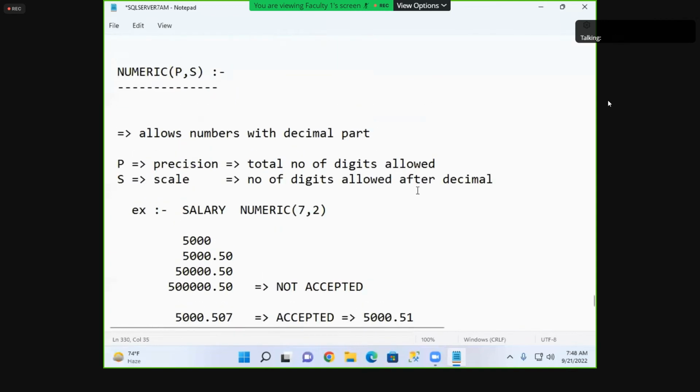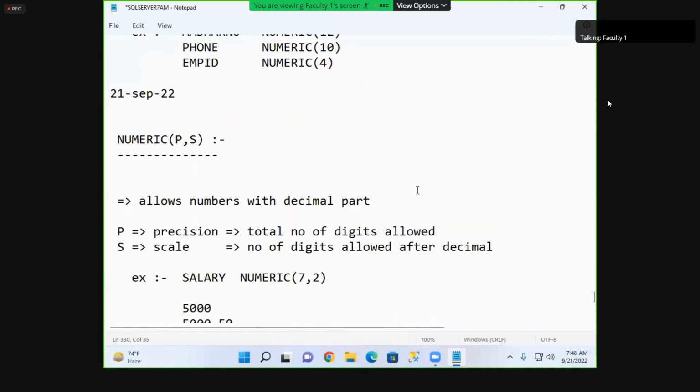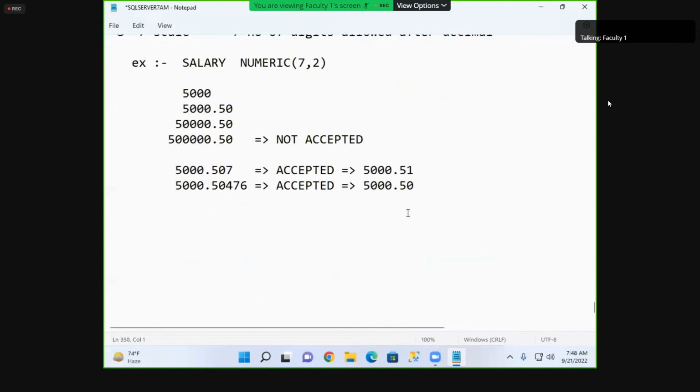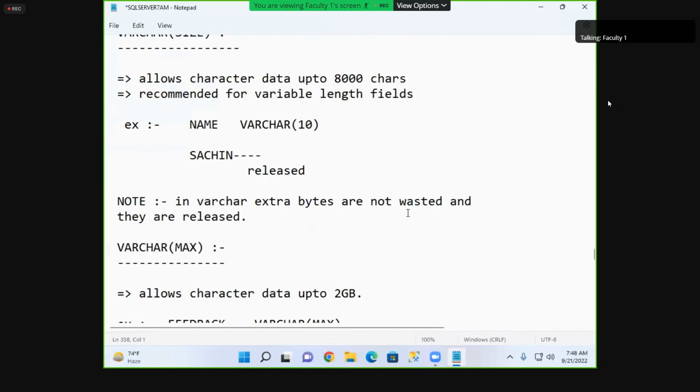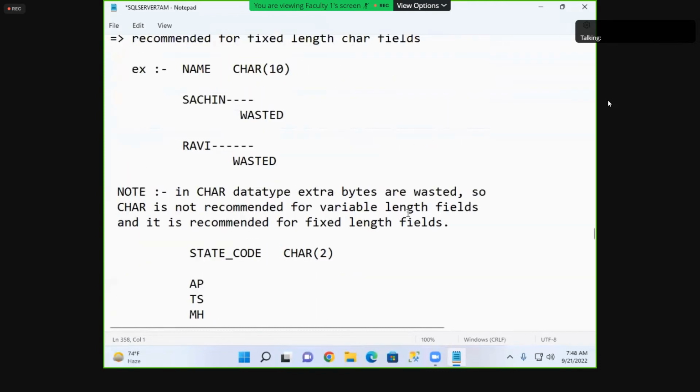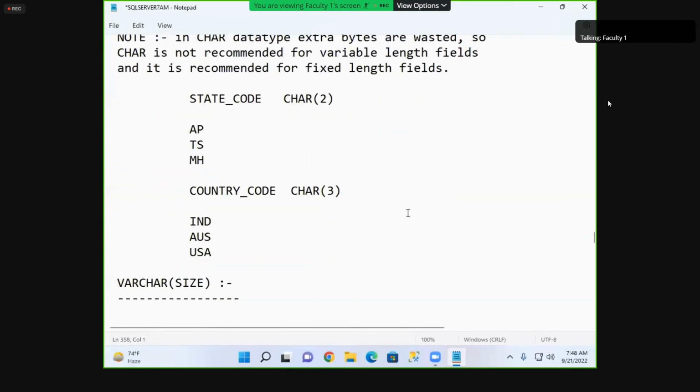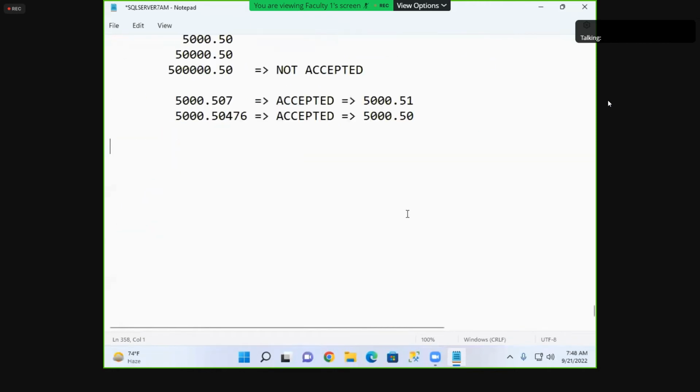Okay, that's it. So this is numeric. Next, what is the next one? Money.